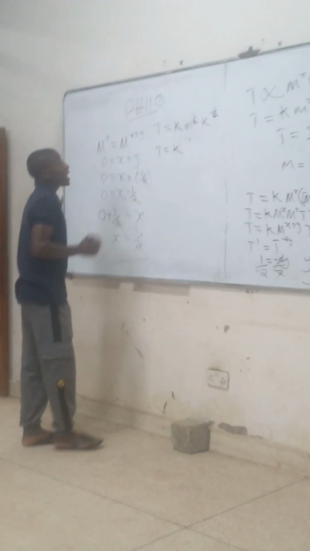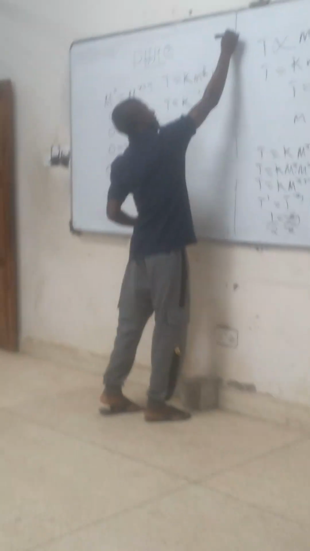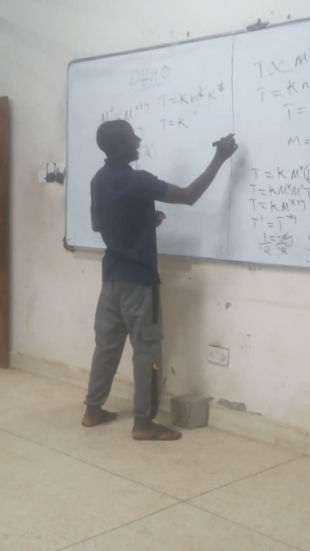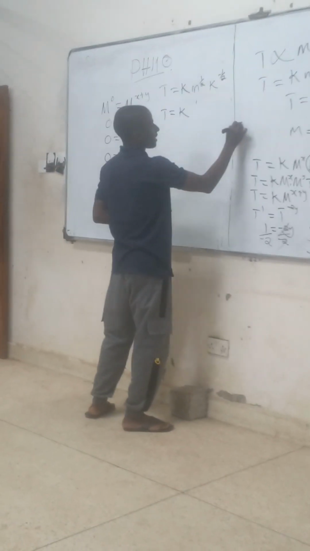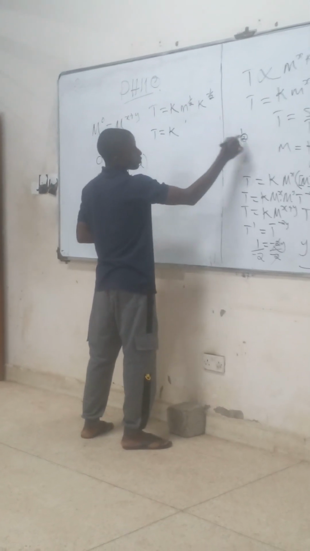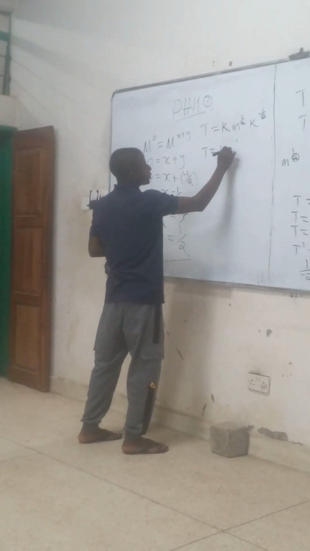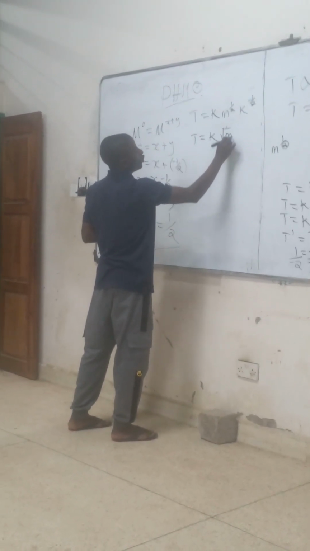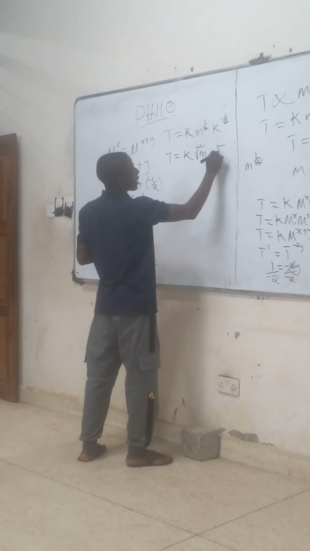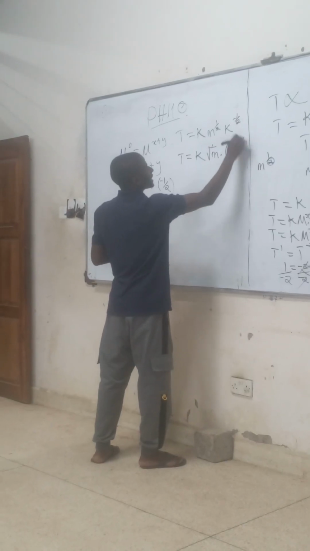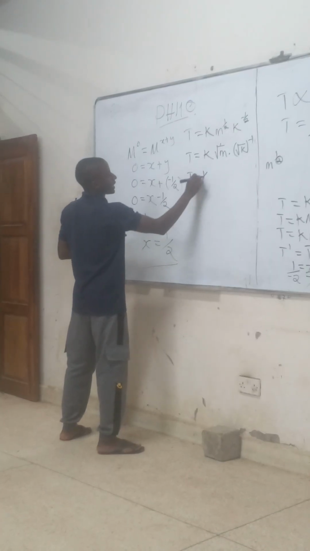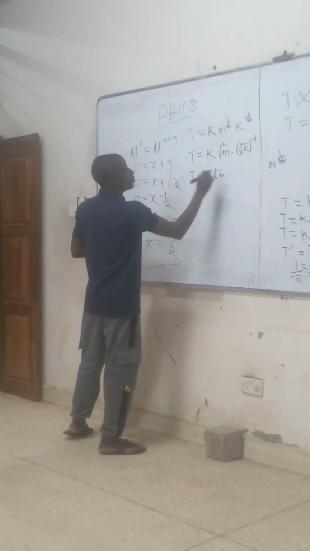Now, bear in mind that if you are having something like that, m to the power of that, you are going to introduce the square root. So I'm going to introduce the square root of m, and then for k to the power negative 1, the square root of k to the negative 1. So t is equal to the constant times square root of m.